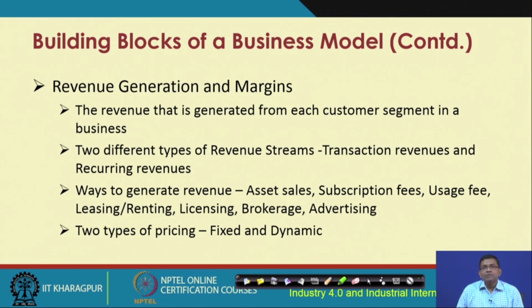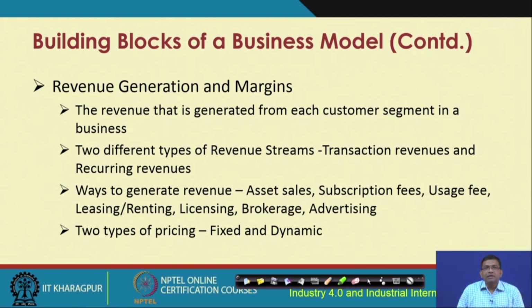Transaction revenues means the revenues generated from the different transactions that are performed, and recurring revenues means there could be a revenue model from which revenues are generated in a recurring fashion from the customer base.